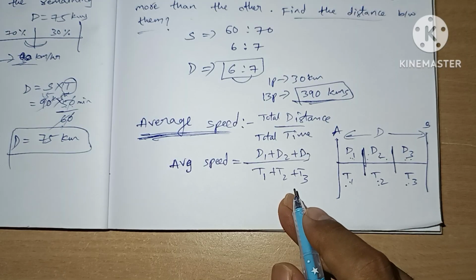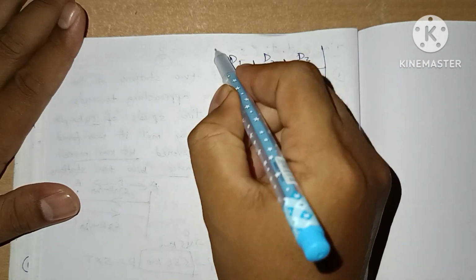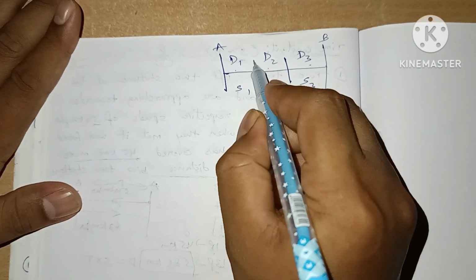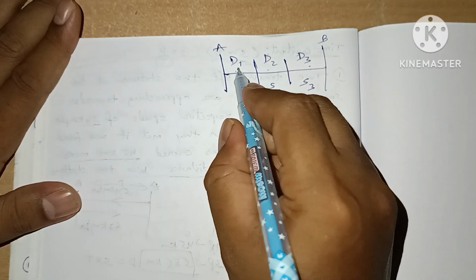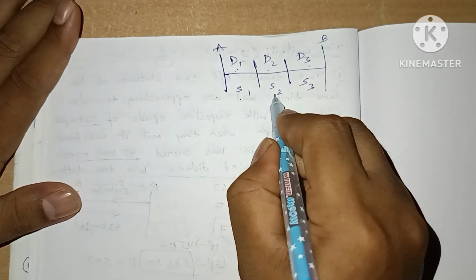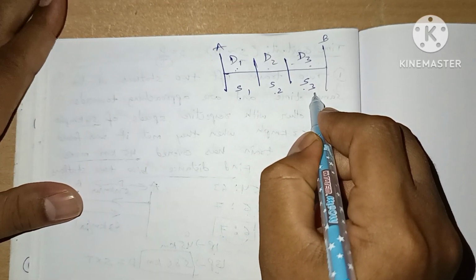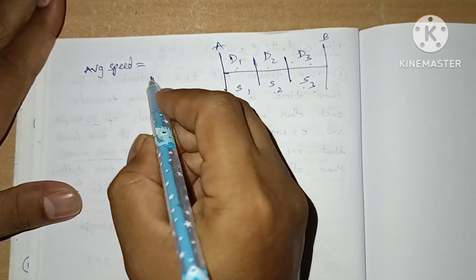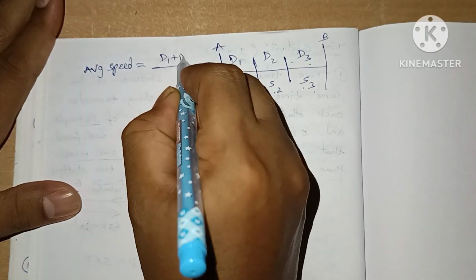Let's see one more example. This is example 2. In case the distance is divided in three different parts, D1, D2, D3, and said that first D1 part is covered with a speed of S1, second D2 part is covered with a speed of S2, third part covered with a speed of S3. Then asked about average speed, the formula will be, total distance means D1 plus D2 plus D3.